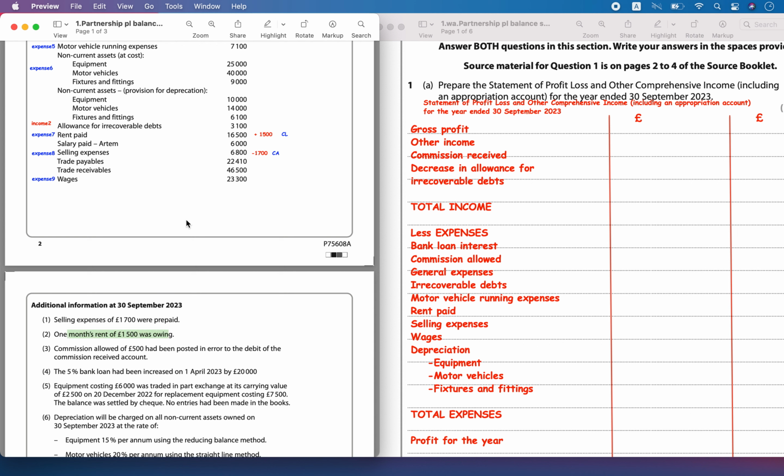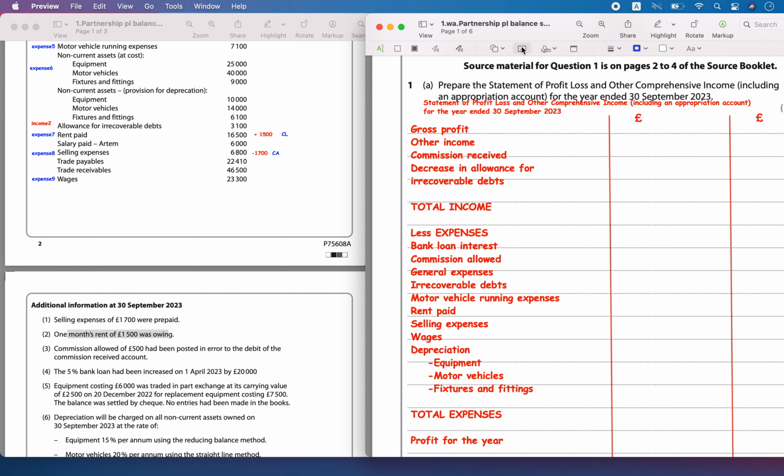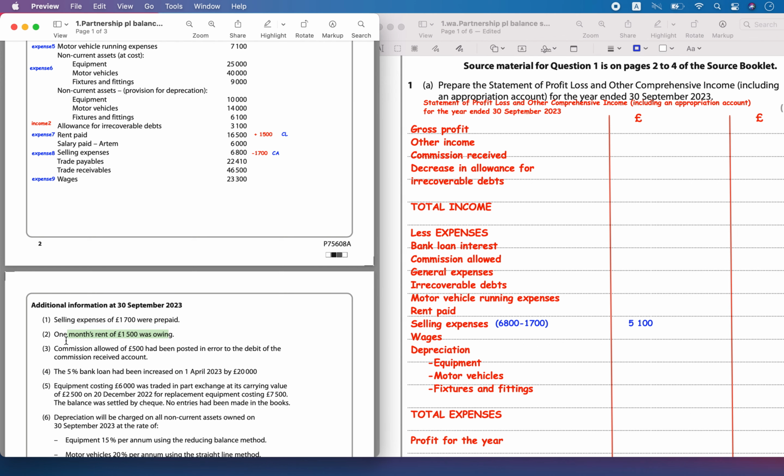So selling expenses are going to be 6,800 minus 1,700 adjustment, which is equal to 5,100.